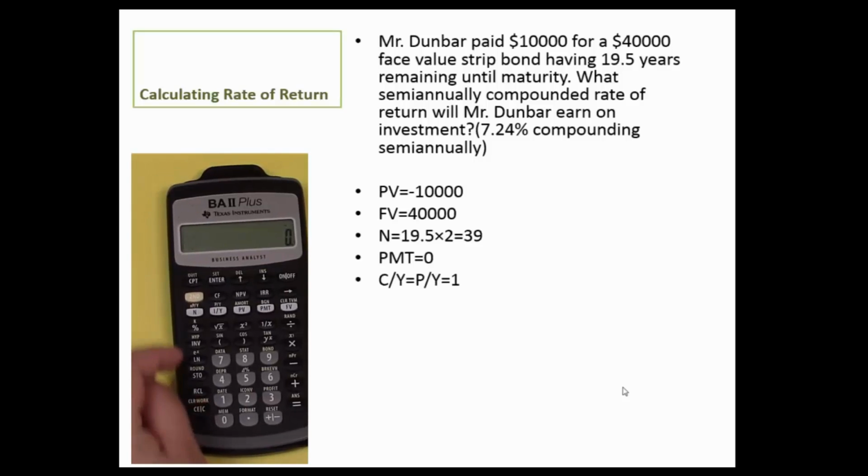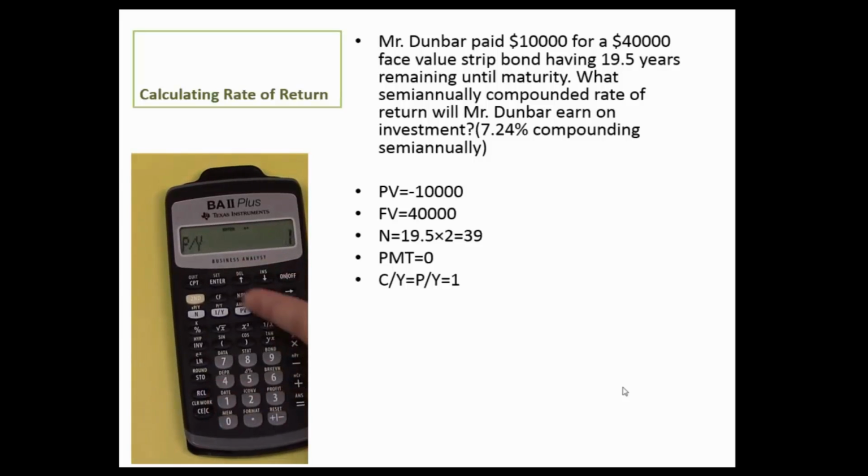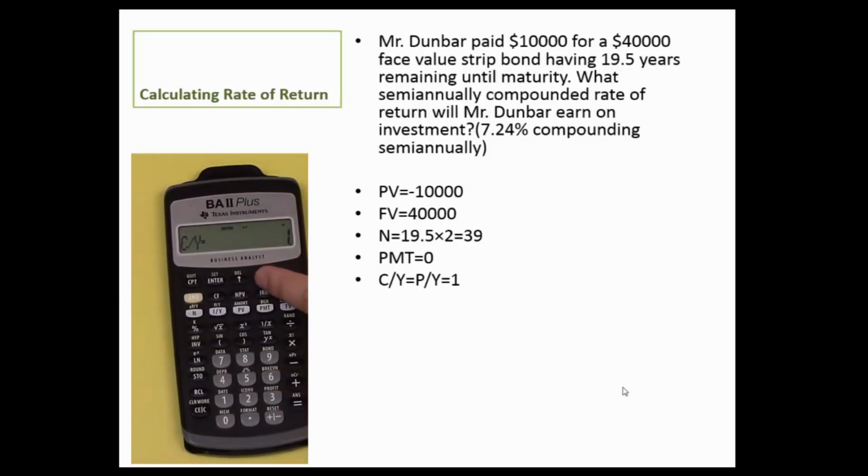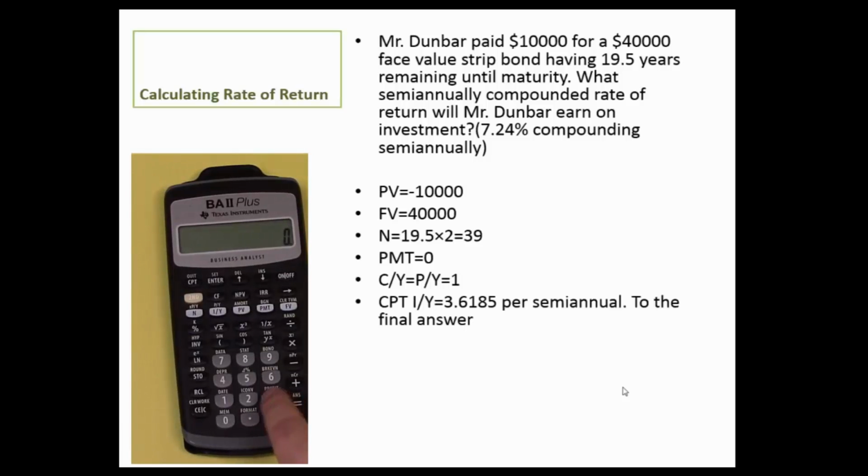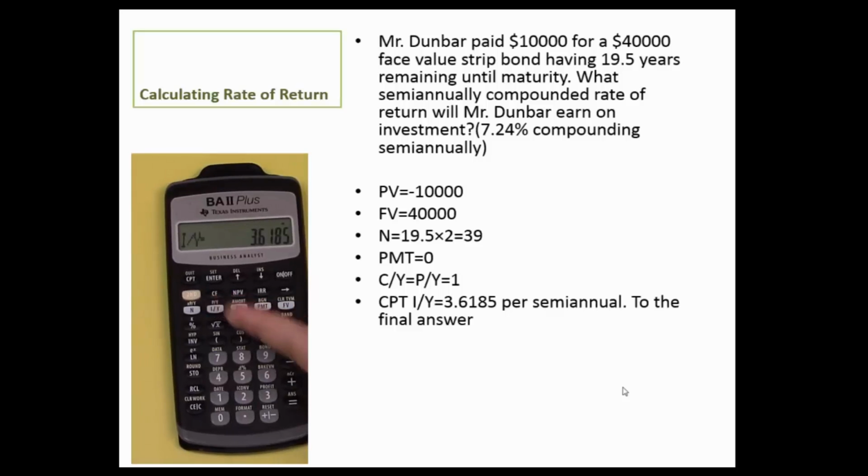The compounding and payment period should be 1. Next, enter second, quit. Press compute, IY, and get 3.6185.